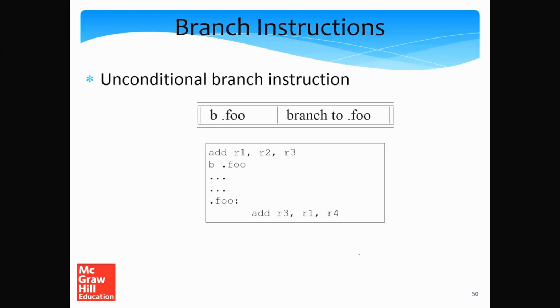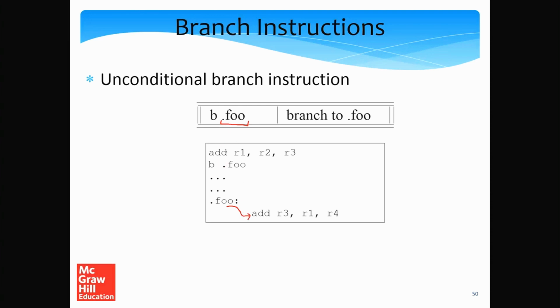As I had mentioned in some of the early slides, an assembly statement can be associated with a label, and this label can be used to uniquely identify an assembly statement.